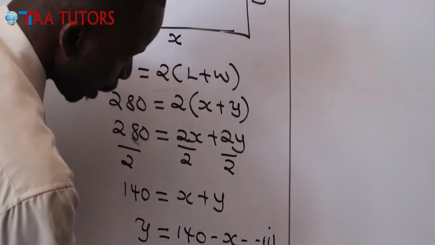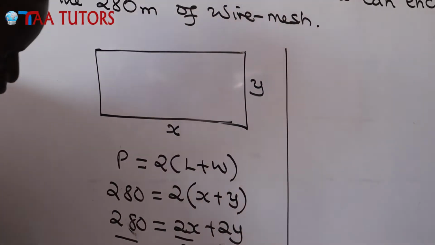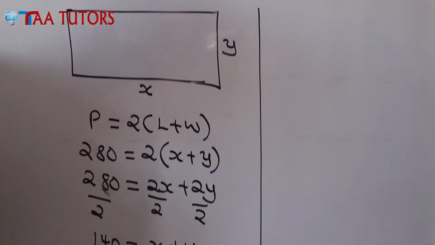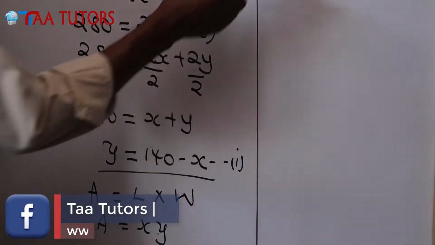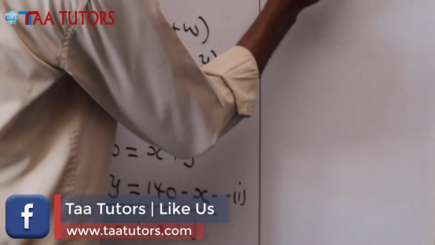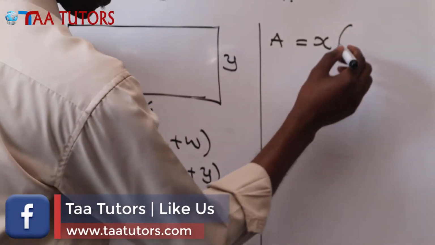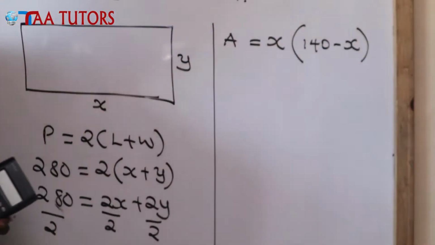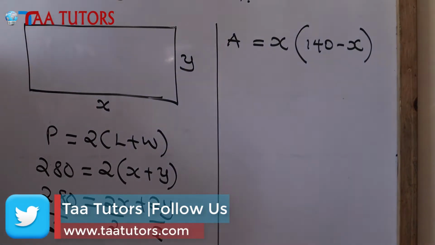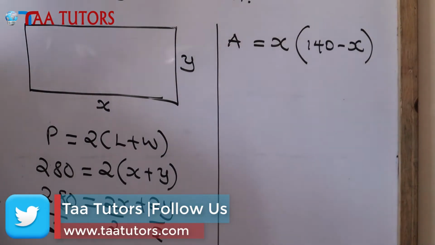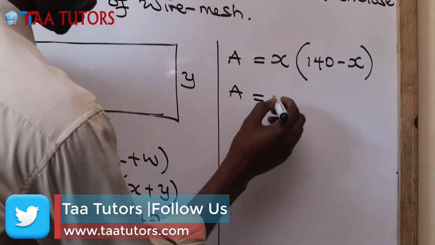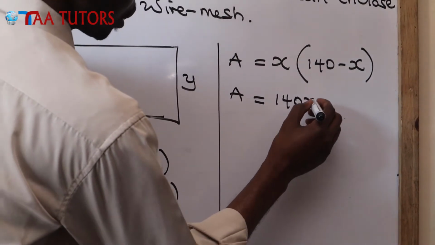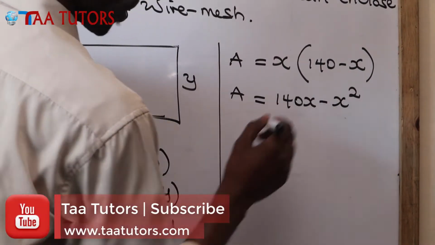Now if I take this value of y and substitute where y is here, we get area equals x into 140 minus x, because that is our new value of y. If you open that bracket, we get 140x minus x squared.